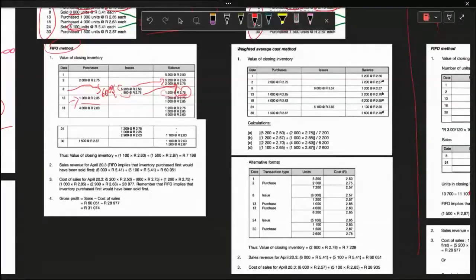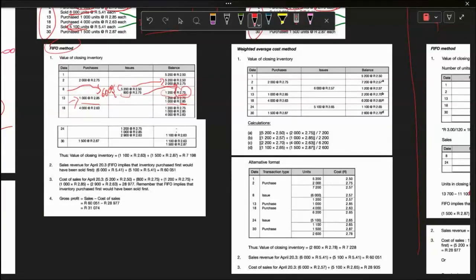So now that they have added 1,000 new stock that has come in at 285, what is going to happen? We're going to take also that 1,000, we're going to keep it in stock, and we know that it is at this cost, 285. So with FIFO, you don't need to get the weighted average every time you buy something.